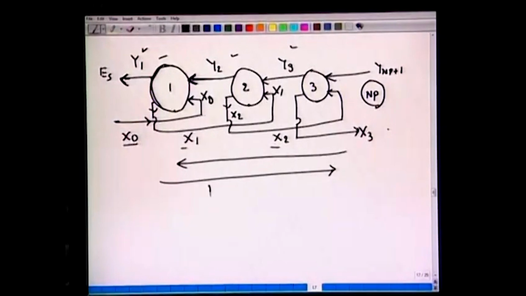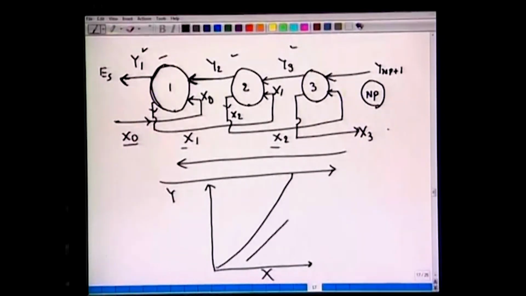Which means if you draw the equilibrium curve of y versus x, with the equilibrium curve given as this, we had earlier this operating curve, which was plus Rs over Es, a positive slope for counter current, and we mark those points as x0.